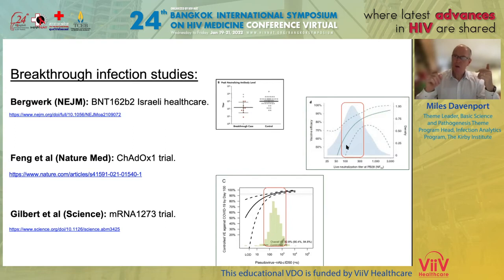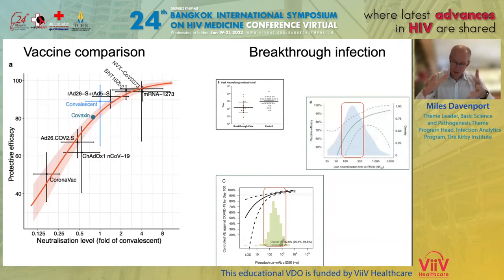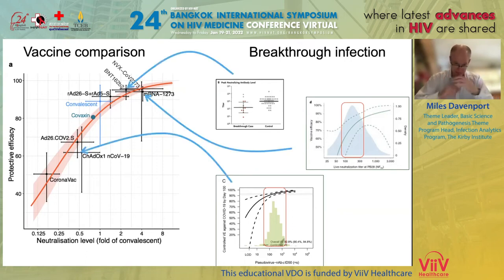But how do we know how their curve lines up with ours? Because they used quite different assays. Unfortunately, they didn't have convalescent groups to normalize things, but maybe even better than that, they actually had the titers of the vaccinees.